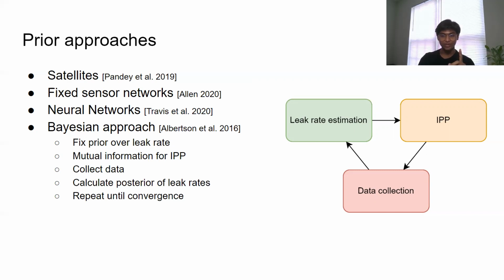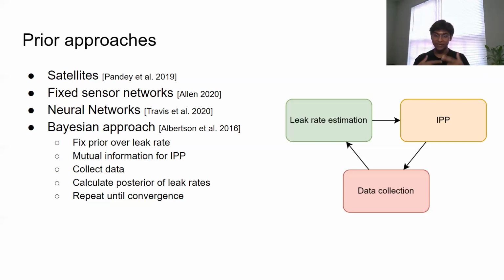The Bayesian approach entailed fixing a prior distribution over the leak rates of each source. Then they used mutual information metrics to quantify the informativeness of possible data collection paths. The data from the field that was collected by traversing the selected path, which had the highest amount of information, was then used to calculate the posterior of the leak rates.